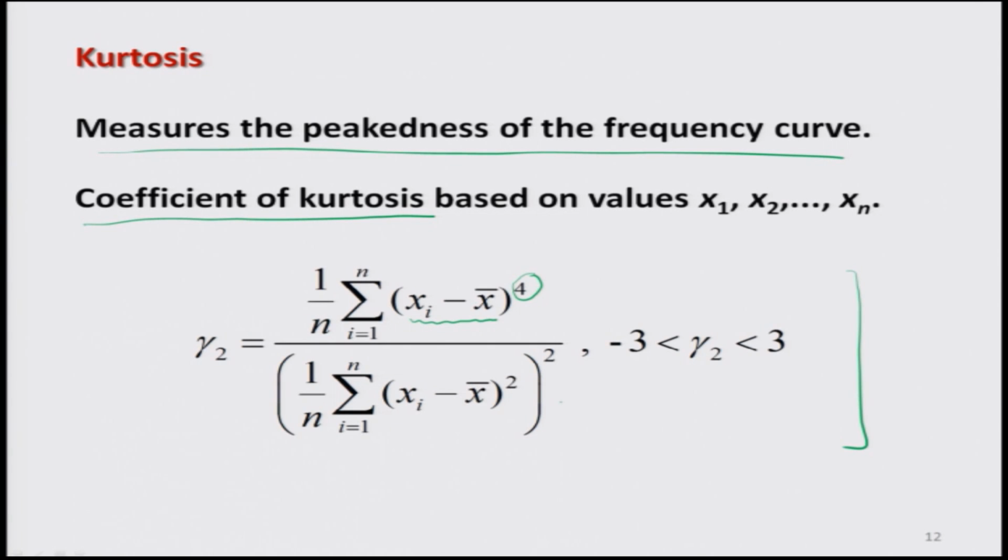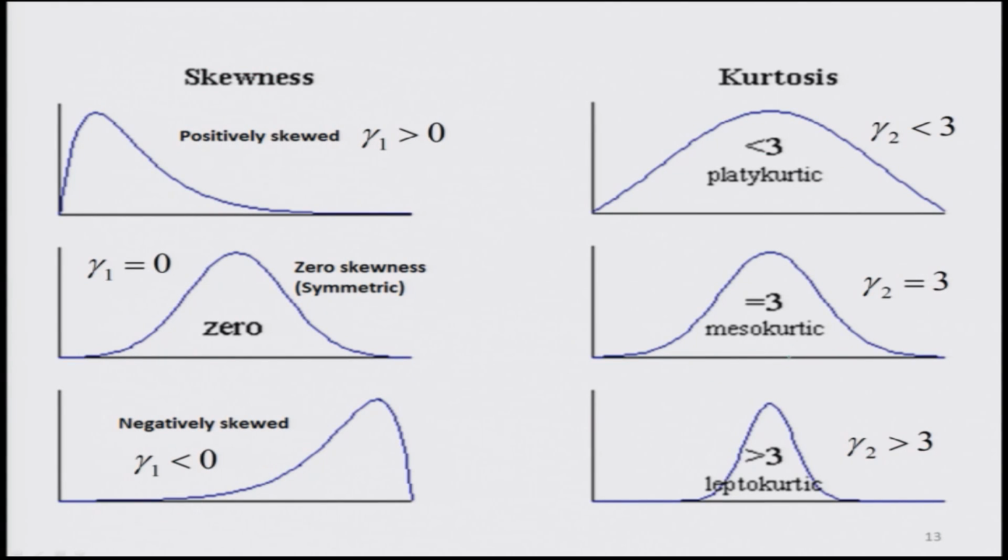Similarly in the denominator also we define a similar quantity, and this measure is usually denoted as gamma 2, and this value of gamma 2 lies between -3 and +3. Now, what is the meaning of the coefficient of skewness and coefficient of kurtosis, that is gamma 1 and gamma 2? Let us try to see from this figure.